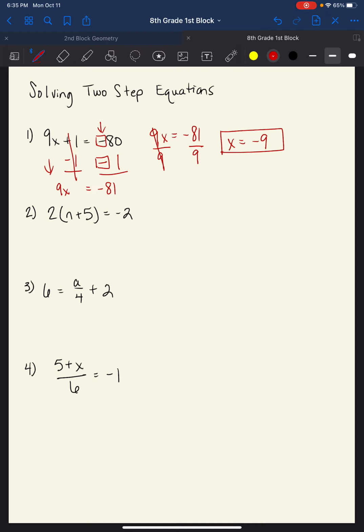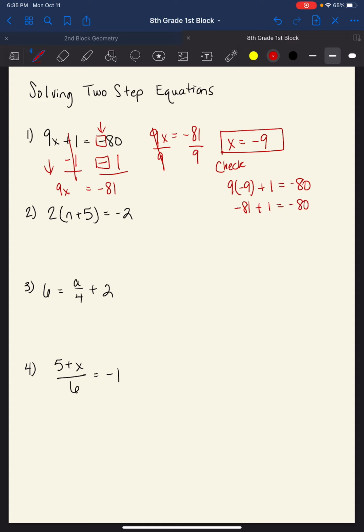Plug it back in. So if I check it real quick, I've got 9, and for the parentheses, I'm going to plug in where x is. I'm going to plug in negative 9 plus 1, and that equals negative 80. All right, that gives me negative 81 plus 1. It's negative 80.